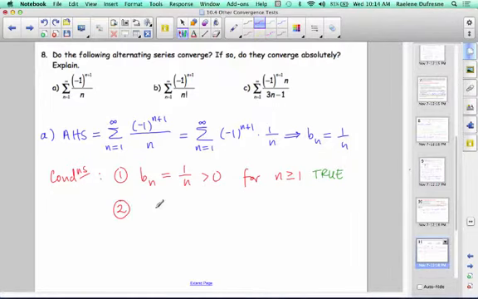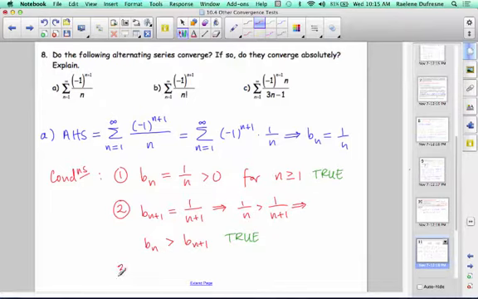So we know that Bn is equal to 1 over n, and we know that Bn plus 1 is 1 over n plus 1. So this implies that the bigger the denominator, the smaller the fraction. And so 1 over n is greater than 1 over n plus 1, which implies that Bn is purely greater than Bn plus 1, and so condition 2 is true.